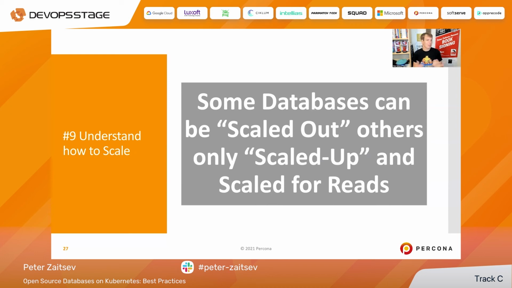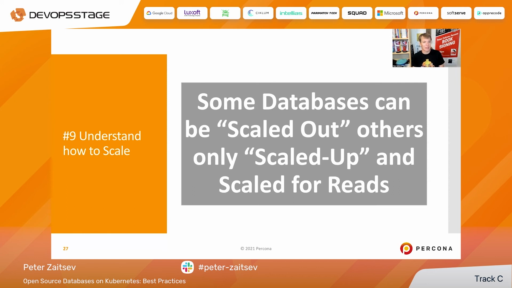Some others, such as MySQL or Postgres, can be only scaled up, and also you can add more read replicas, right, to handle your reads. But if you really need to handle more writes, well, you need to scale up, and that has certain limits.